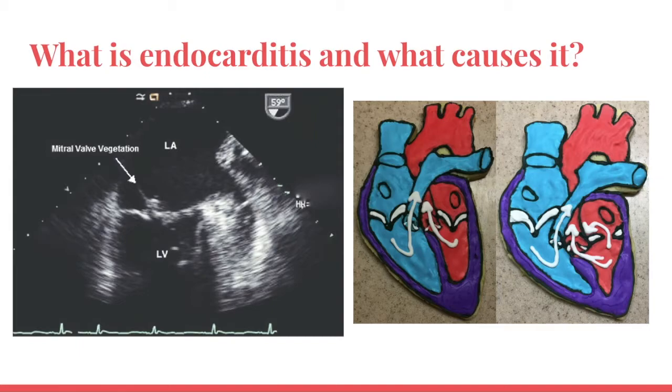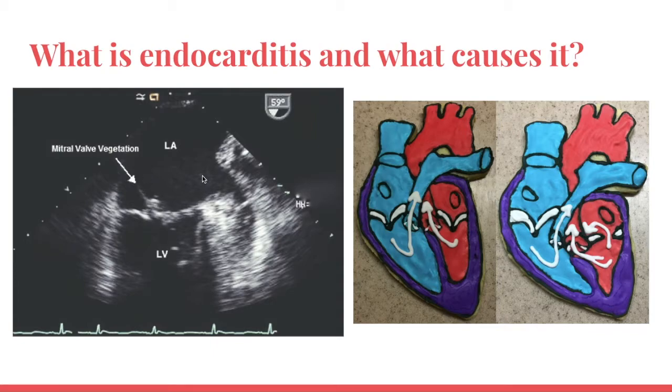But in the case of endocarditis, the patient will have a foreign agent, in most cases, in the body that will latch itself onto that clot and begin to replicate and form what's called a vegetation.